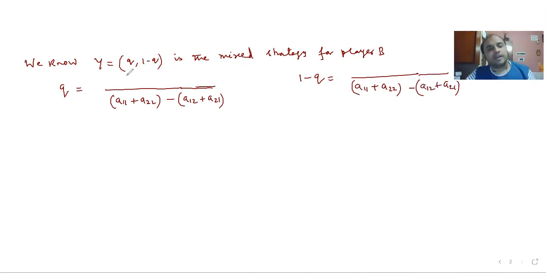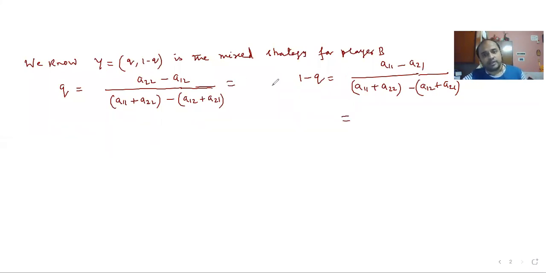And what will be the numerator in this case? First one in Q. Sir, A22 minus A12. And then here in 1 minus Q, A11 minus A21.